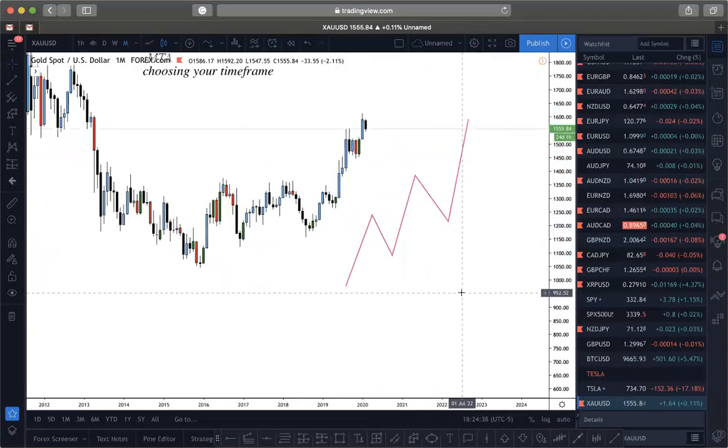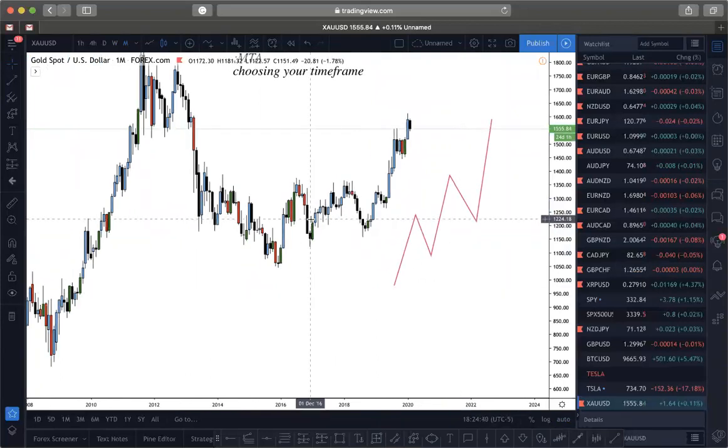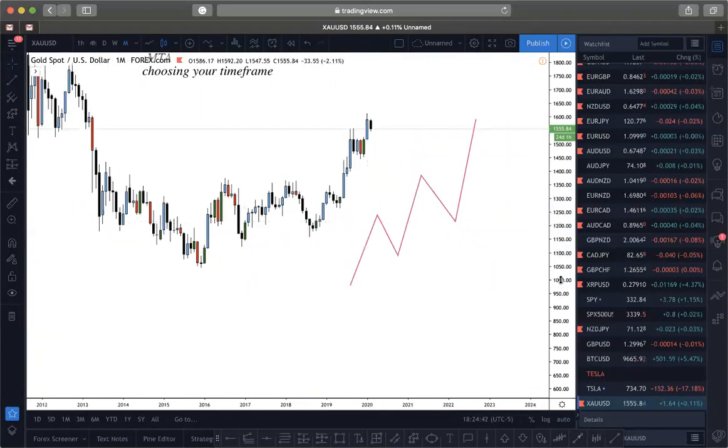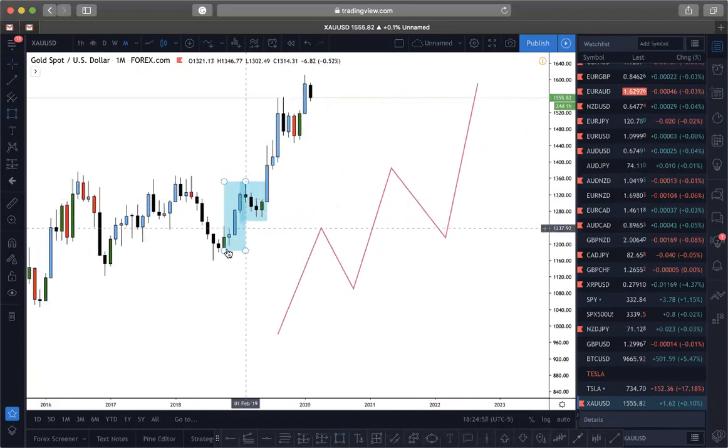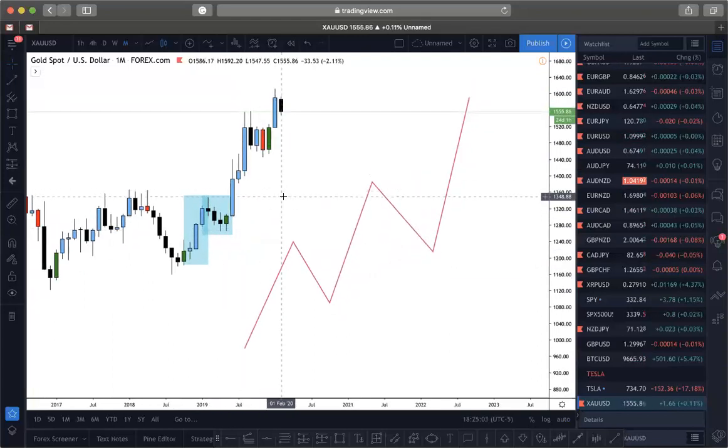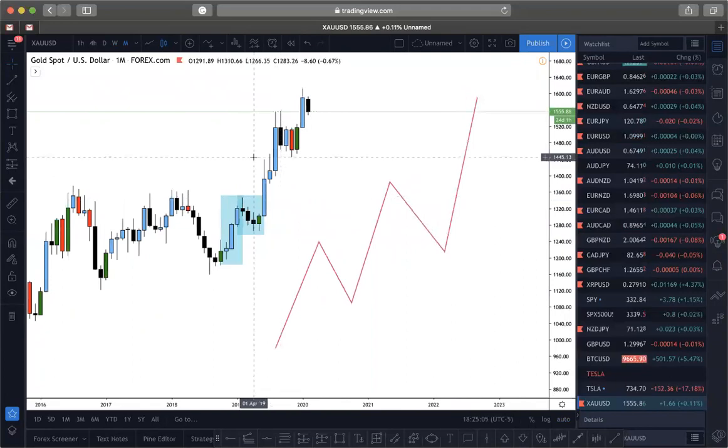So, for example, what might be an impulse on the higher time frame, and then what might be a pullback on the lower time frame, right? This is an impulse. This is a pullback, right? Now, notice we're on the monthly time frame. So, this is an uptrend.